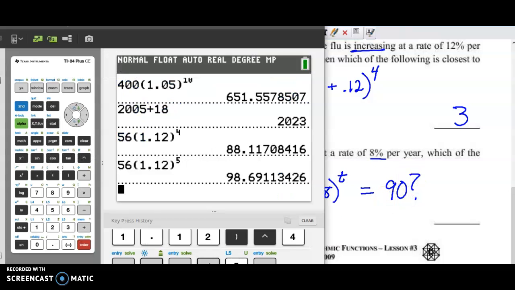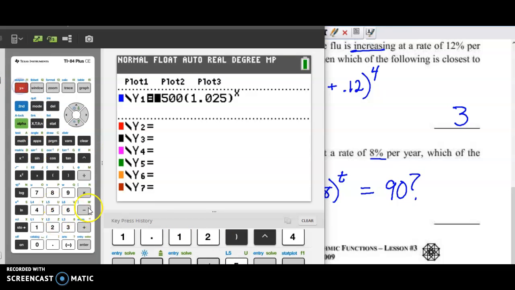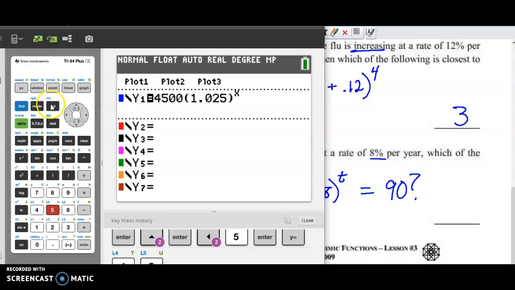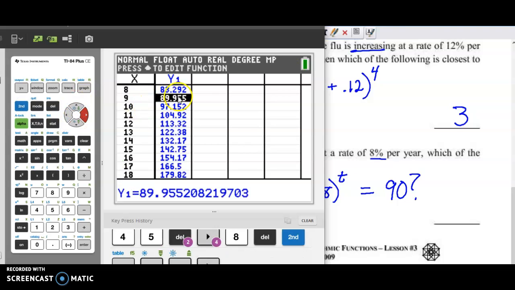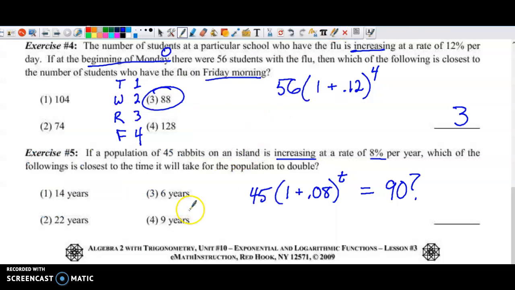So let's do that real quick. Y equals 45 times 1.08. And I'm just going to go to my table. I want to see when it's as close as possible to 90. It looks like 9 or 10. It looks like 9. And you should be ready for the homework now.